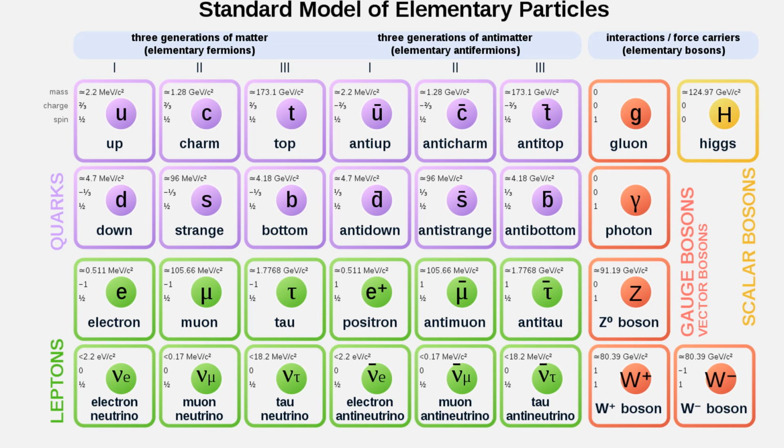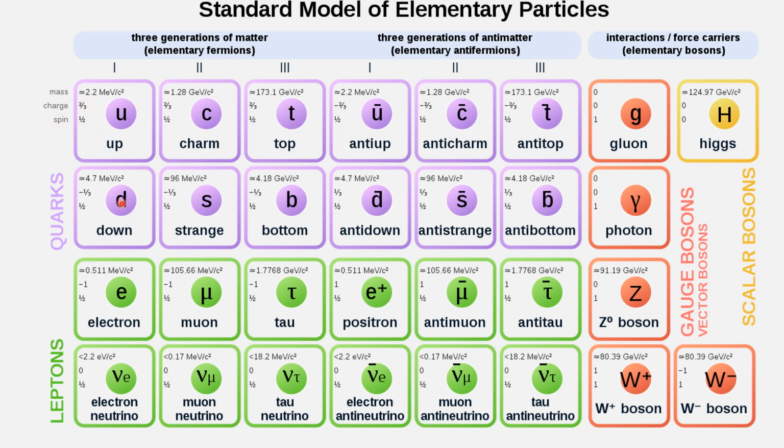And this is nothing but the standard model of elementary particles. Here you can see the three generations of matter, that is elementary fermions, and three generations of antimatter, elementary antifermions, and interactions or force carriers between them, that is the elementary bosons. Here you can see the up quark, which has mass 2.2 million electron volts, charge 2/3, and spin half.